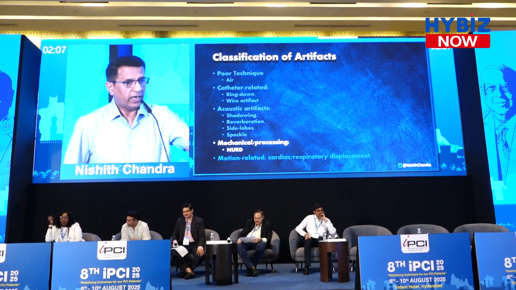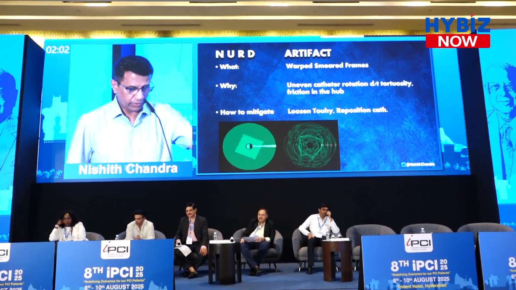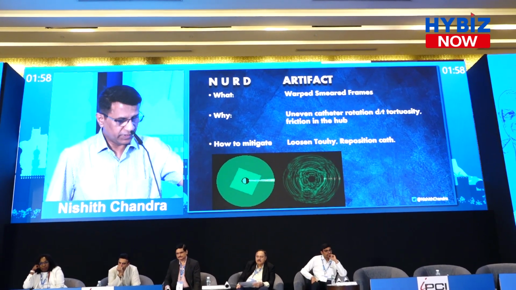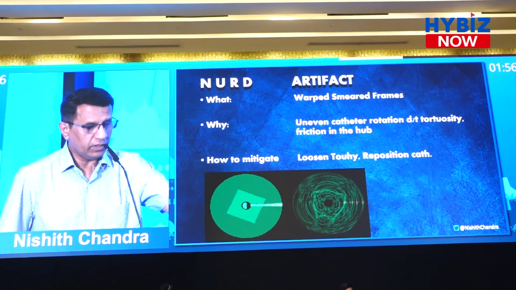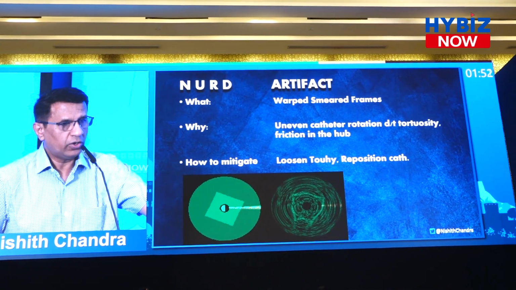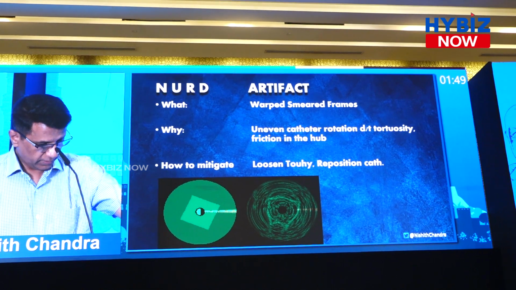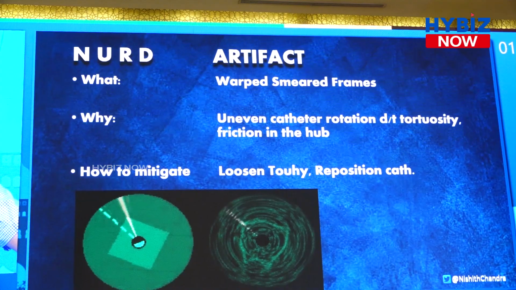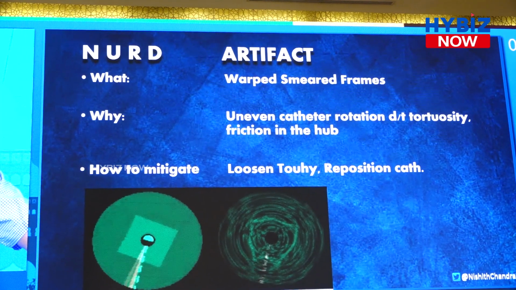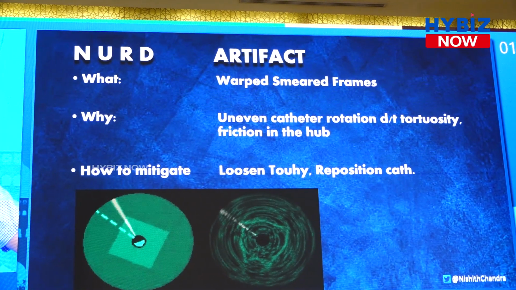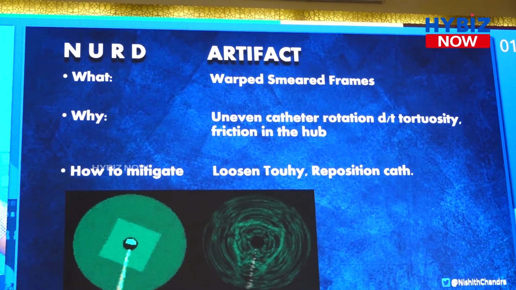Then the artifacts because of mechanical processing: the non-uniform rotational defect, NURD. This appears as warped, smeared frames because of uneven catheter rotation. It usually occurs in the mechanical catheter, not in the phased array one. It is because of uneven motion of the catheter, which could be because of tortuosity, excessive calcification, or even if you have tightened your Tuohy-Borst very tightly.